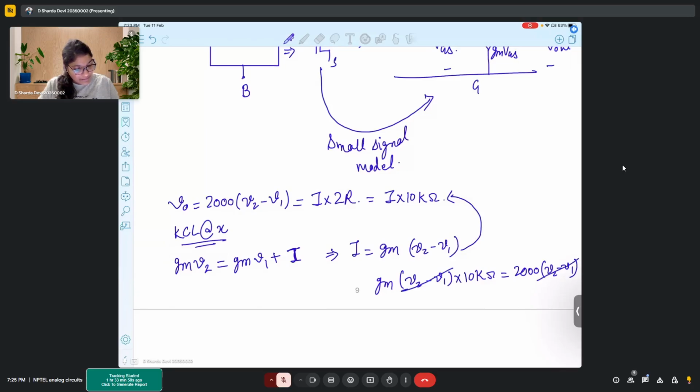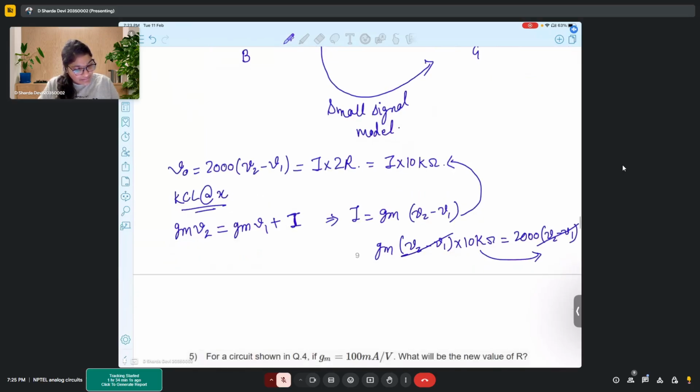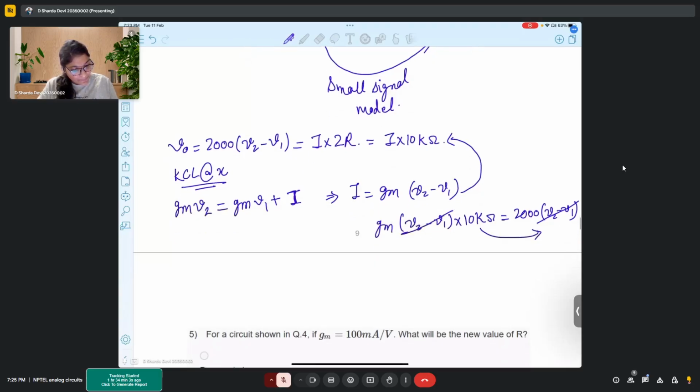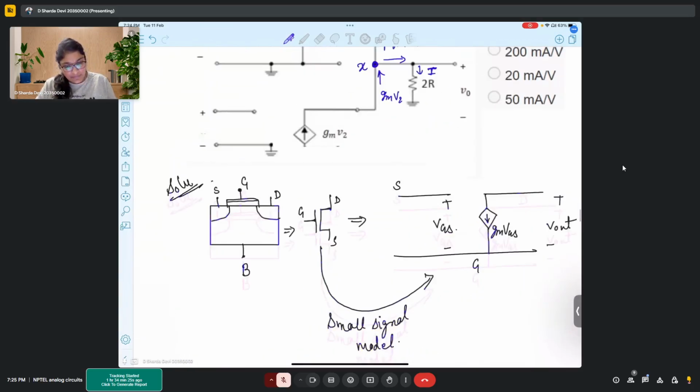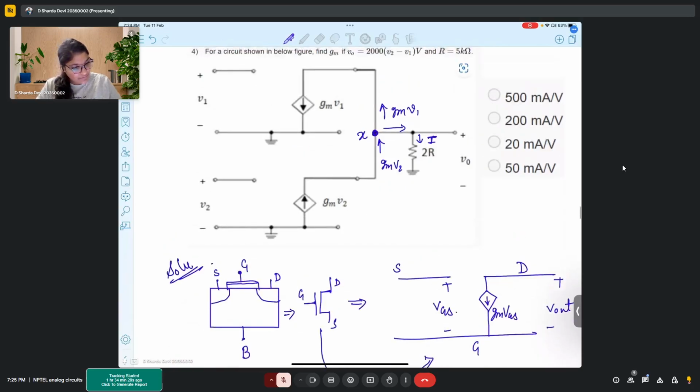Now cancelling V2 minus V1 and dividing this 2000 by 10,000, what will we get? gm is 0.2, or gm is 200 milliamperes per volt, right? So here we have 200 milliamperes per volt.